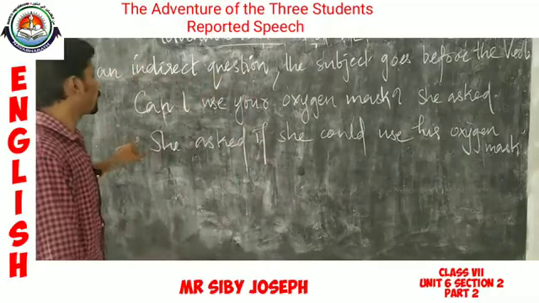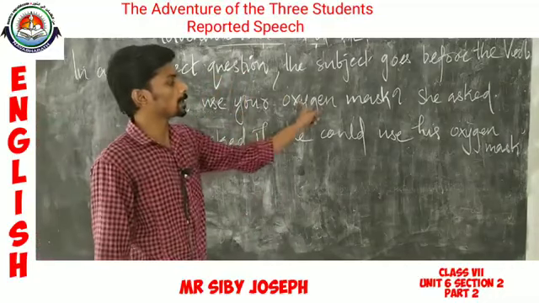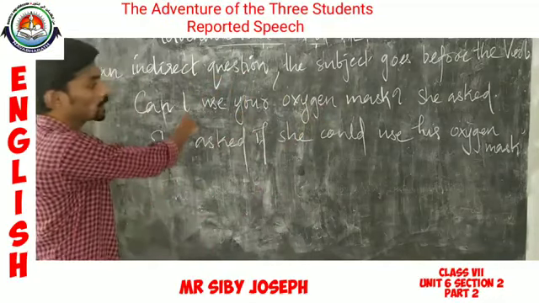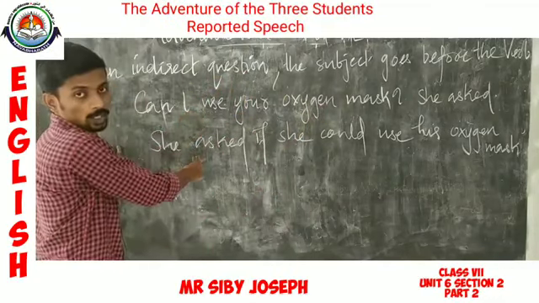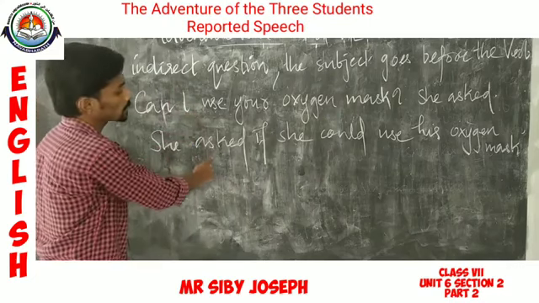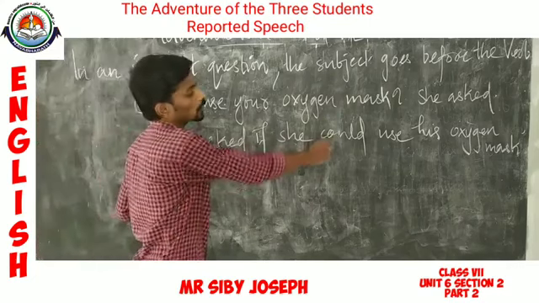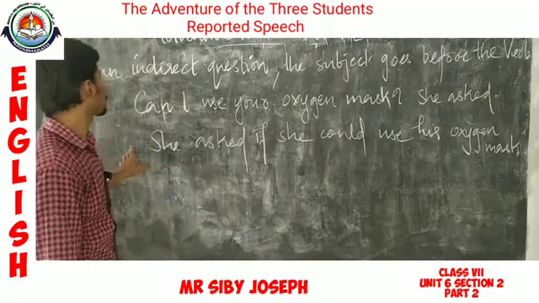So look at the example. "Can I use your oxygen mask?" she asked. So when we convert this into reported speech, she asked if she could use his oxygen mask.